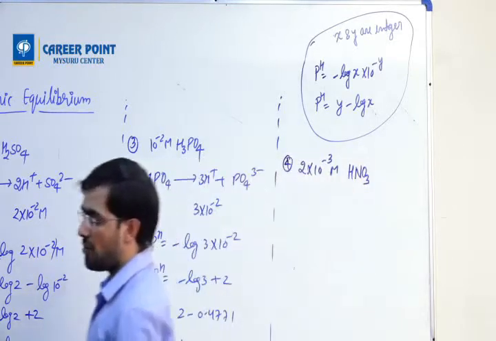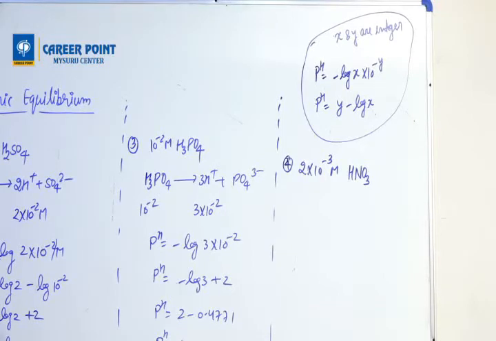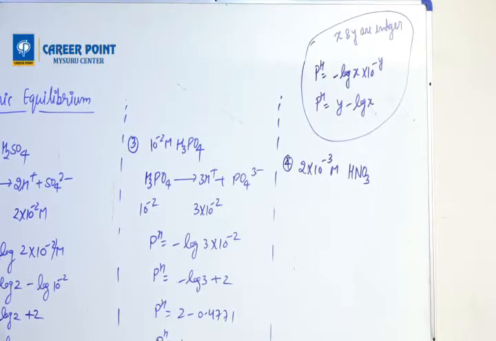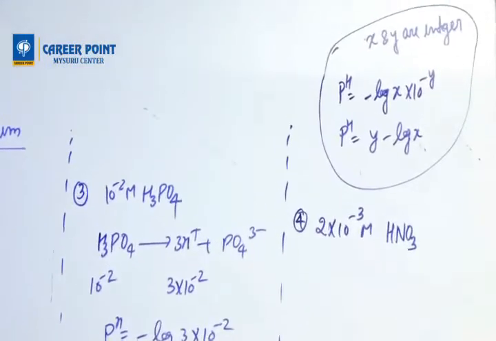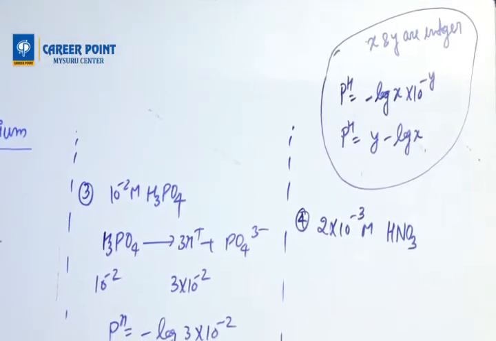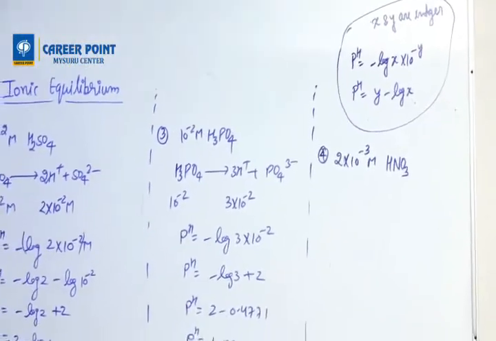Two into 10 power minus 3 molar HNO3. Are you able to solve?